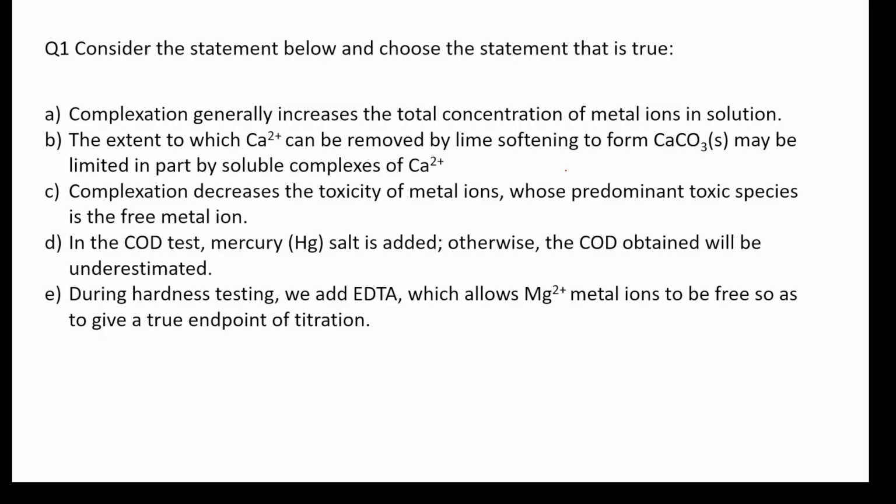Complexation decreases the toxicity of metal ions, of which the predominant toxic species is the free metal ion. In the COD test, mercury salt is added, otherwise the COD obtained will be underestimated. And during hardness testing, we add EDTA, which allows magnesium metal ions to be free so as to give a true endpoint of titration. What can be the correct answer among these?